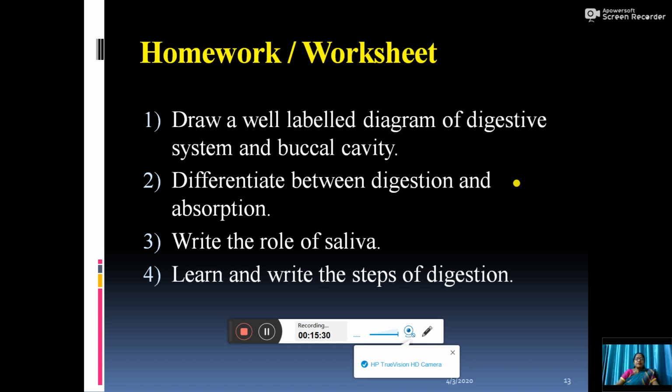Second: differentiate between digestion and absorption. Third: write the role of saliva. Fourth: learn and write the steps of digestion. I think all these questions are in this topic.